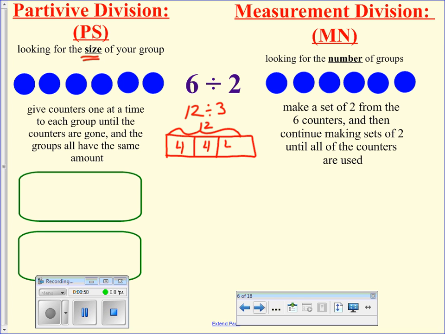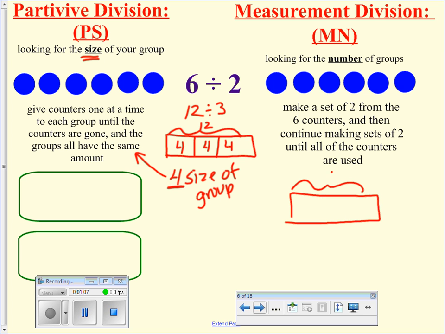There are 4 in each group. So 4 is the size of the group. So 4 is my quotient, and my quotient is telling me the size of the group. So that is partitive. If I did 12 and made groups of 3, I made 4 groups.